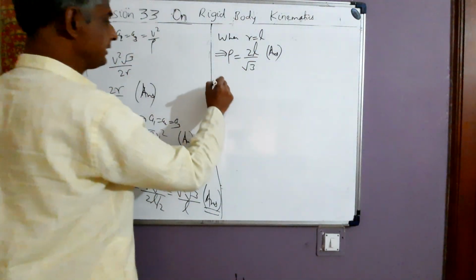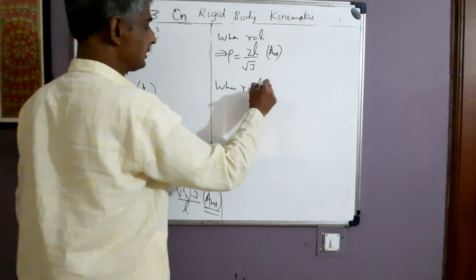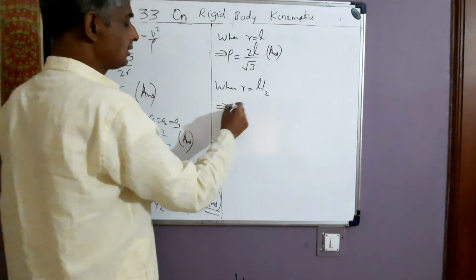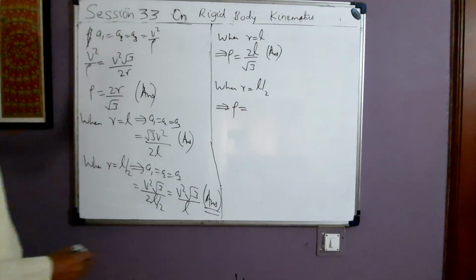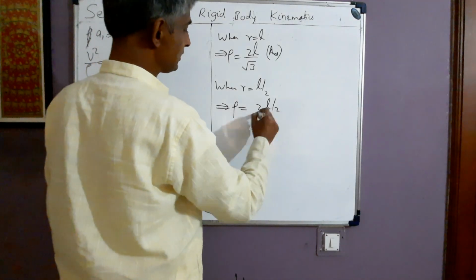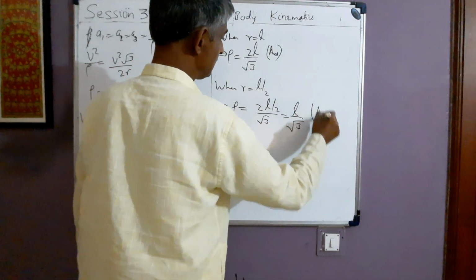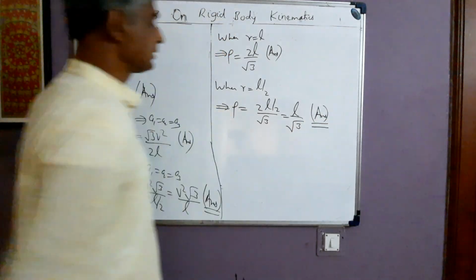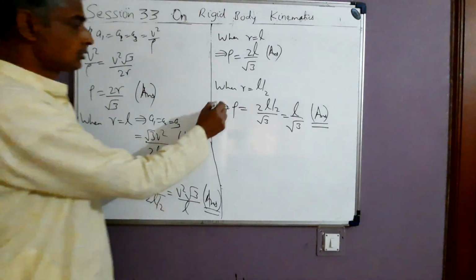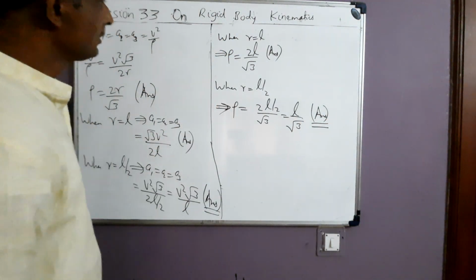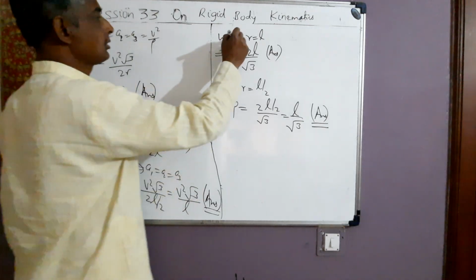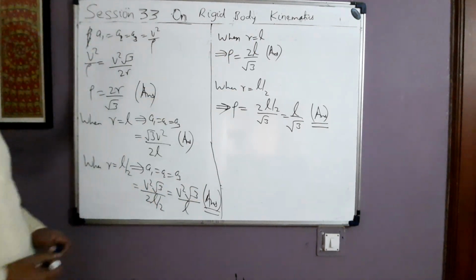And second, when R is equal to L by 2, implying radius of curvature rho becomes 2 times L by 2 by root 3. That becomes L by root 3, which is therefore the required answer. Okay. So in this case rho becomes 2L by root 3.